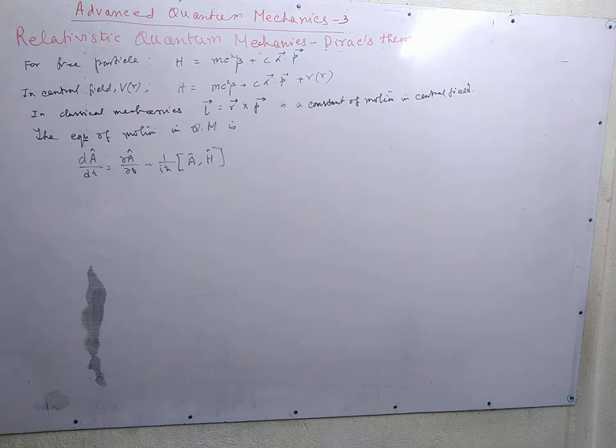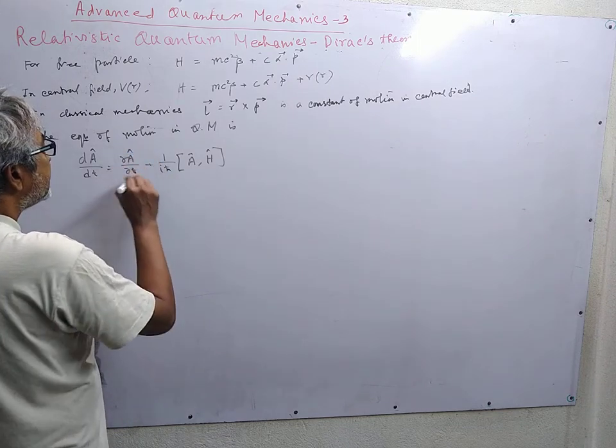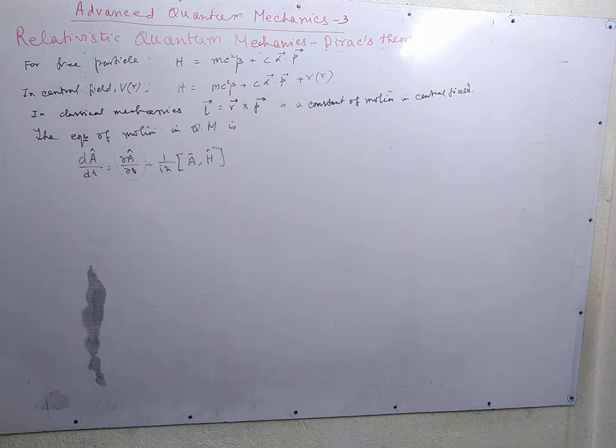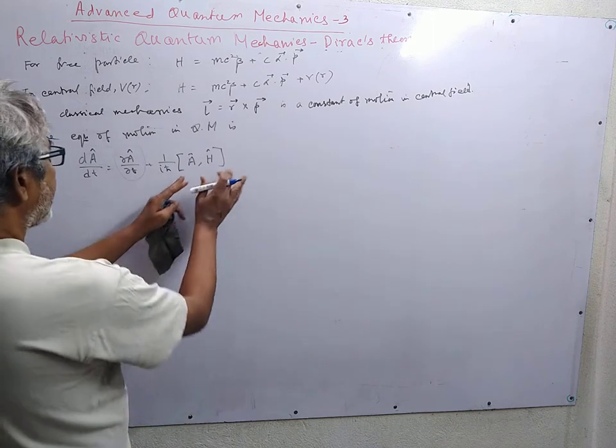If the operator under consideration does not have any explicit time dependence, then this part goes, and we are left with dA/dt related to the commutator bracket.